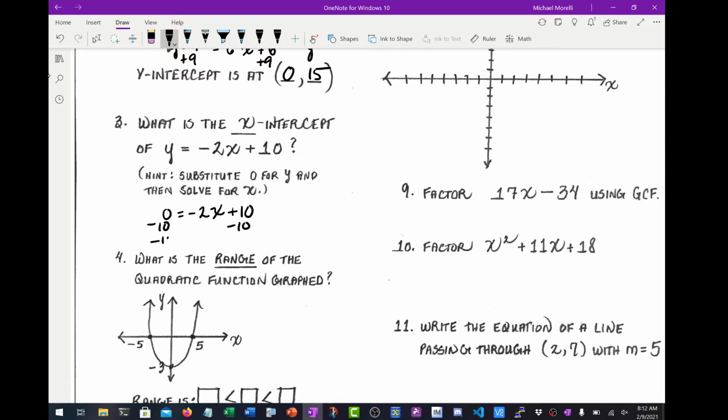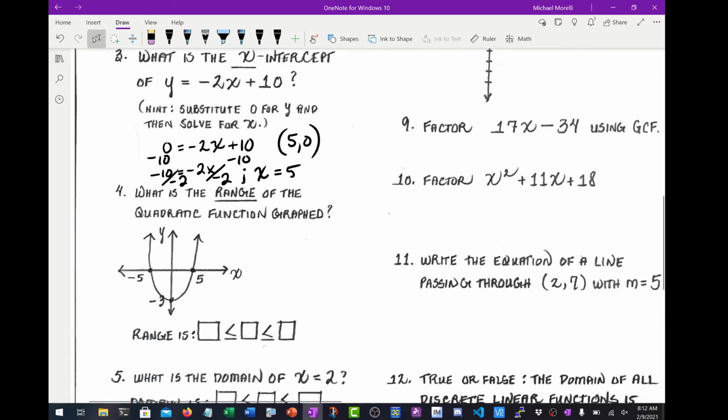Now I've got -10 equals -2x. Now I just need to divide both sides by -2, and I have x equals -10 divided by -2, which is +5. So the x-intercept is 5. It would be located at 5, 0.